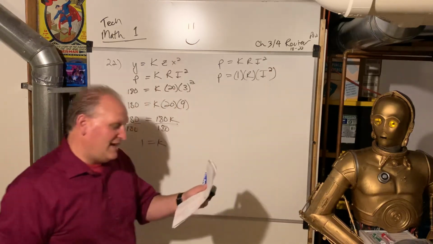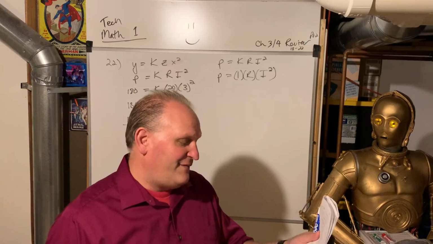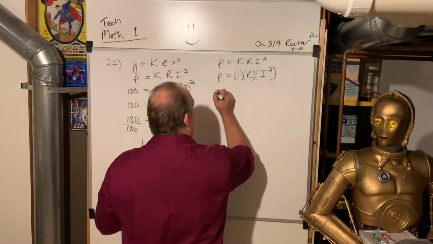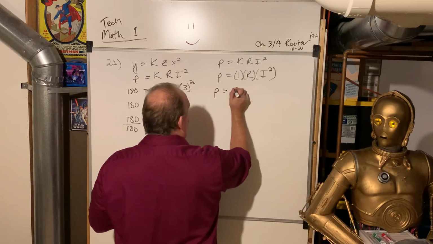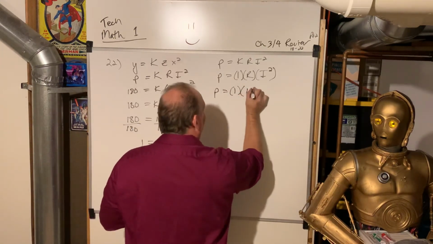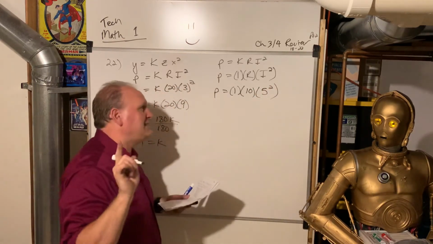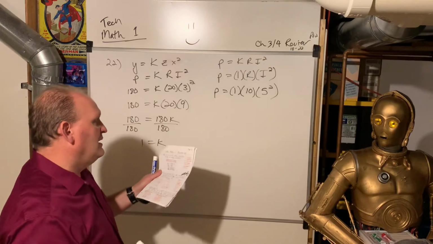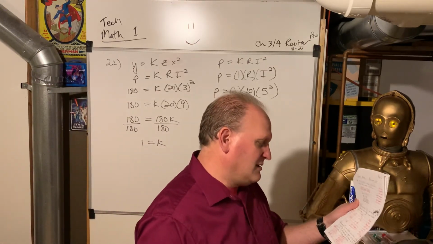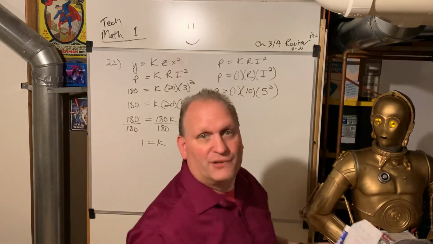Okay, and so now it says find power if I is 5 and R is 10. So P is equal to, I'll still put the 1 there, but you don't really need it because 1 times anything is itself. So R is 10, I is 5. But again, be careful on this. So many people, last time I taught this last year in fall, just wrote 5 times 10 and put down 50.